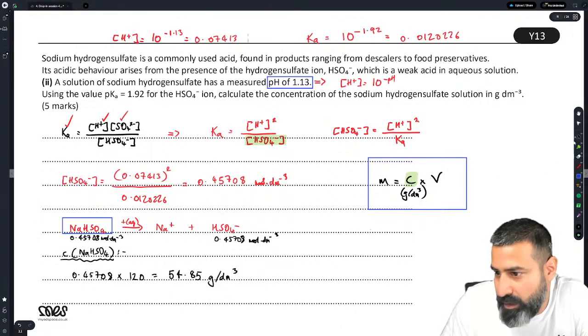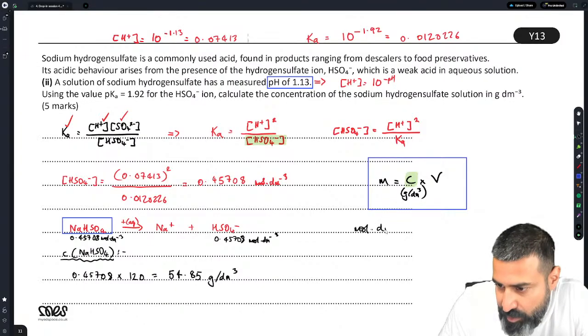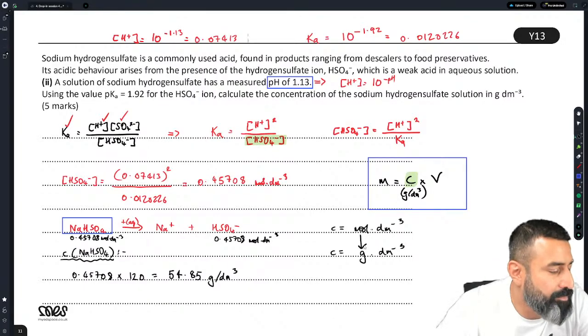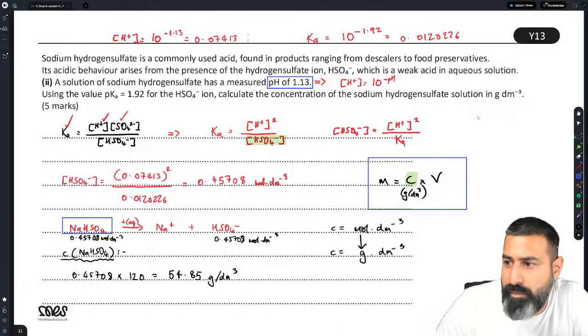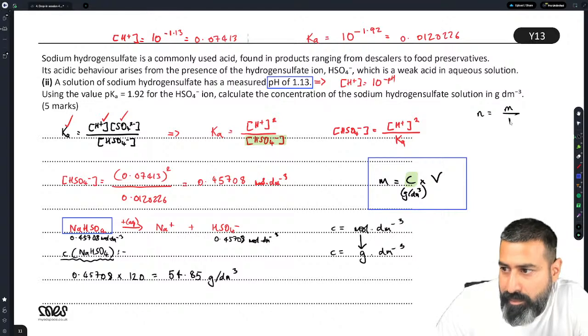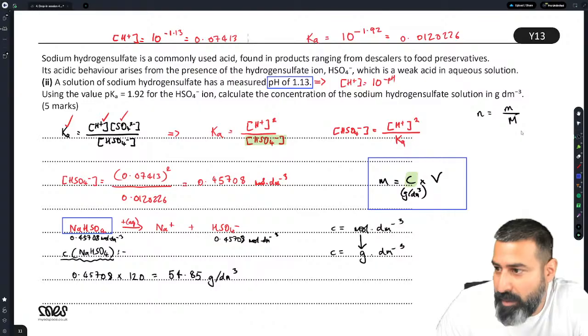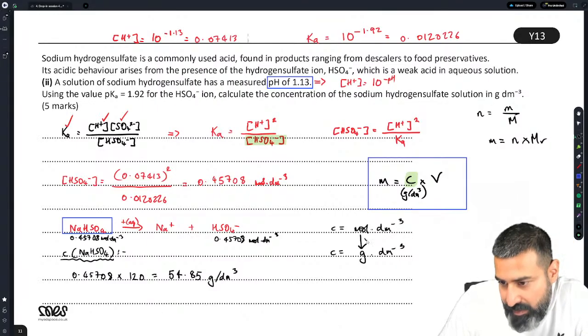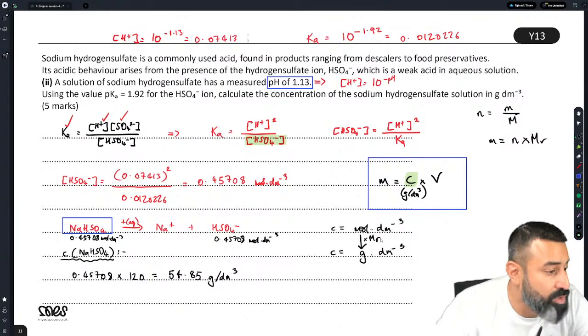And this is another trick that we can use. If I know the concentration in moles per decimeter cubed, I can work out the concentration in grams per decimeter cubed because how do I go from moles to mass? Multiply it by the Mr, because the mass is equal to the number of moles times the Mr. So what I do here is just multiply the number of moles by the Mr to go to mass.